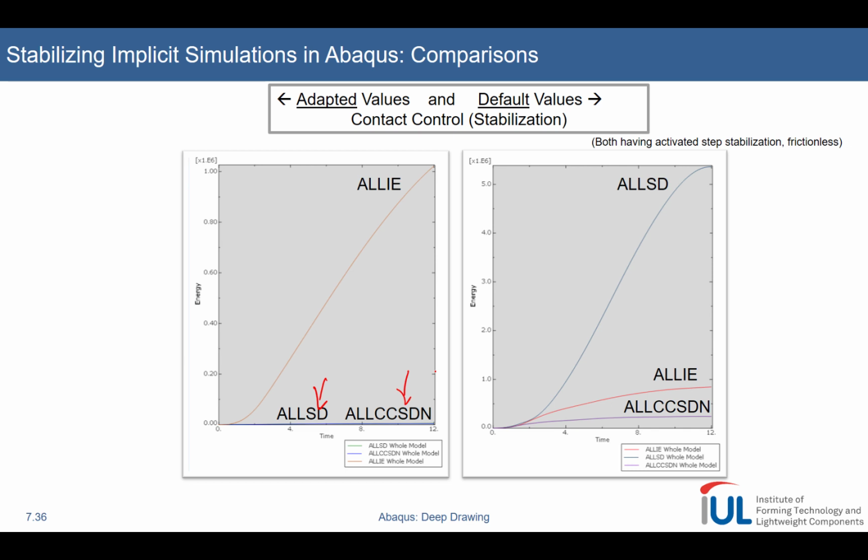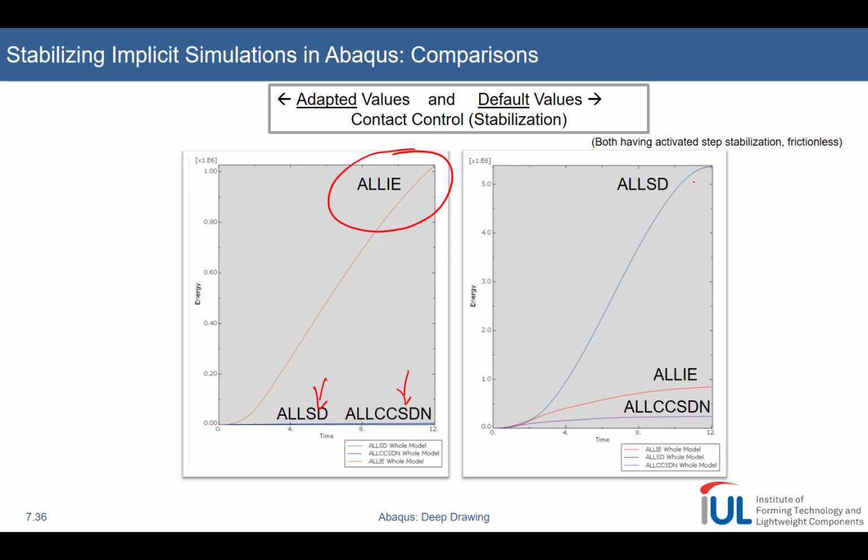I can still trust the outcome of the internal energy related strains and stresses and so on. Opposed to that was the simulation on the right, the one where all the energy concentrated in the single element row in the wall. So there was nothing physical about it.